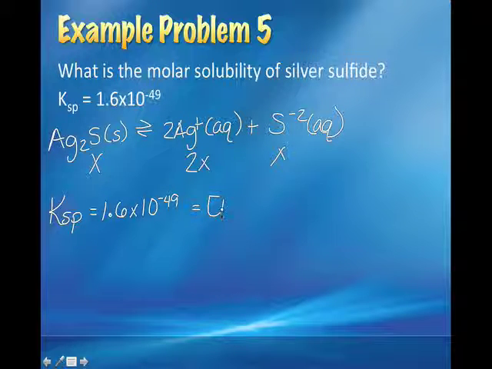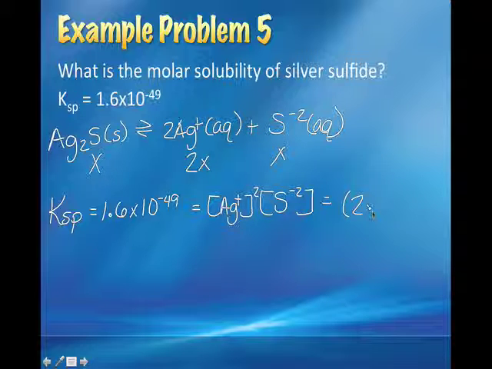That's equal to the silver ion concentration squared times the sulfide concentration, which, if I use these values with x's, is going to be 2x squared times x. It's just like the problem that we just did. You solve for x and we end up getting 3.4 times 10 to the negative 17th molar.